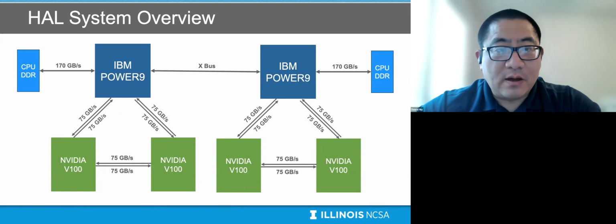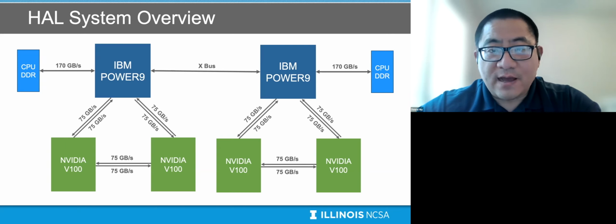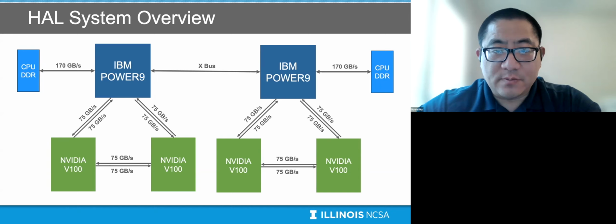Now let's talk about our compute node structure. As we can see here, each node has 2 sockets, each with 1 IBM Power 9 CPU.